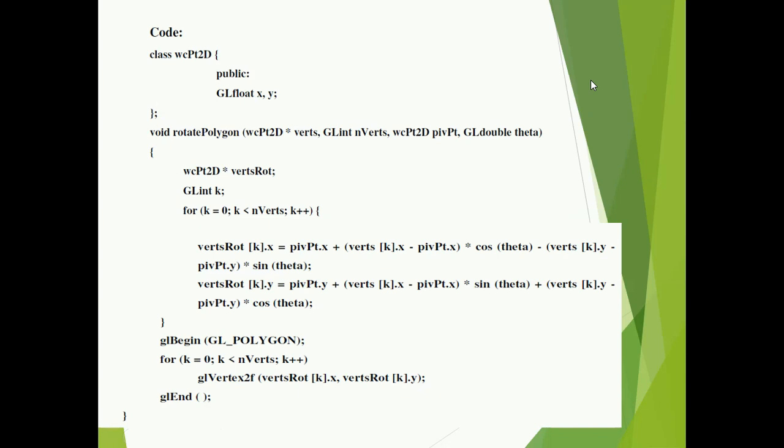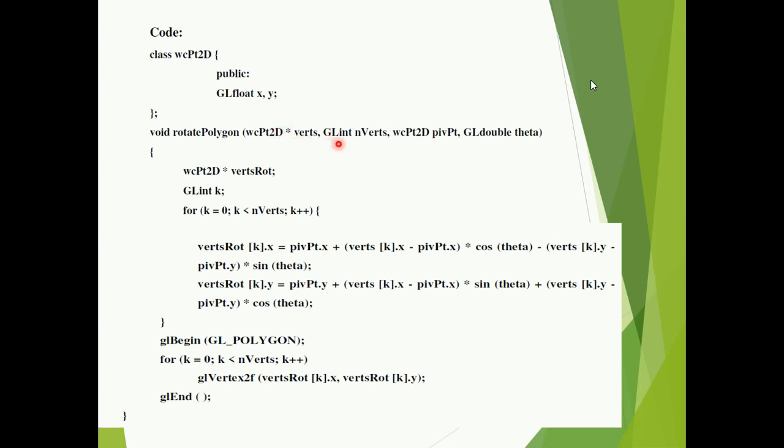Consider the code for rotation of a polygon. Initially define the class Point2D, and public float x and y variables. Then void rotatePolygon, where Point2D is an array of vertices you are going to pass, so we write it in this manner, asterisk sign and vertex.